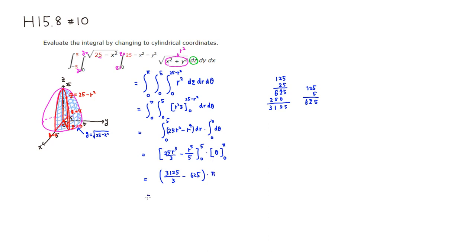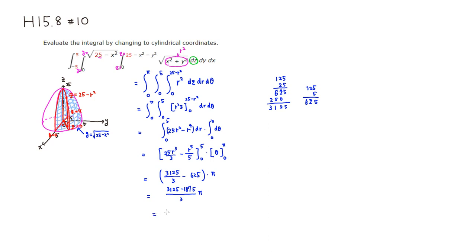All right, taking the common denominator, which is 3, we have 3,125 minus 3 times 625, so I have to multiply by 3. 3 times 5 is 15, 3 times 2 is 6, and so on, giving 1,875, times pi.